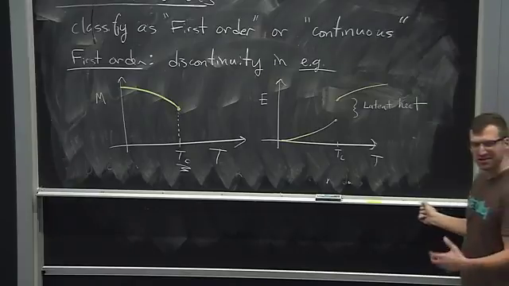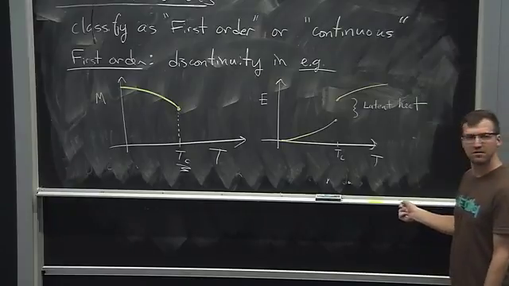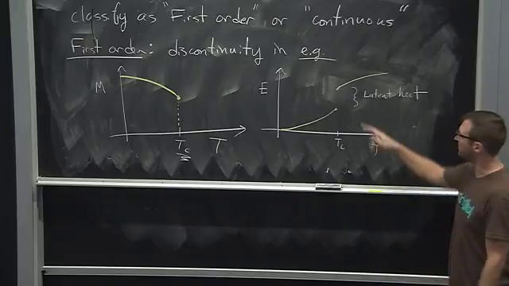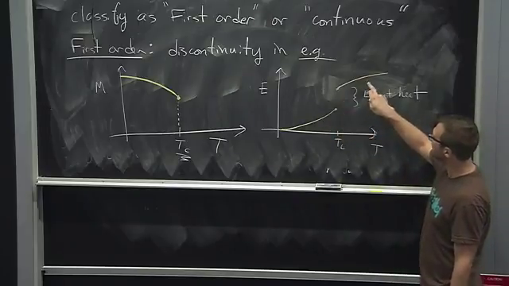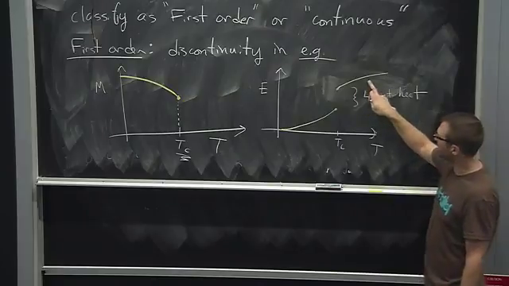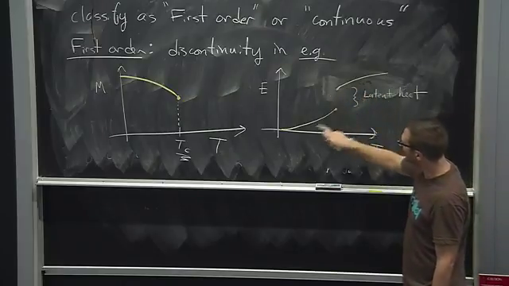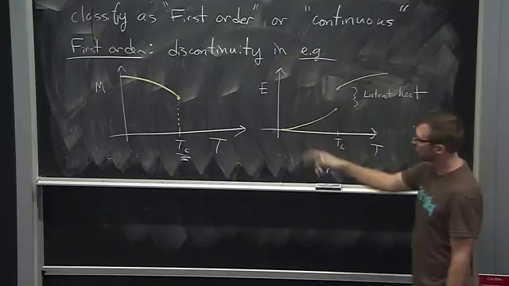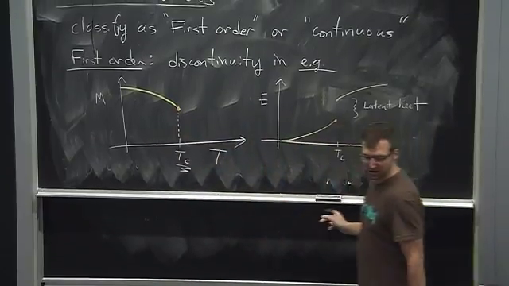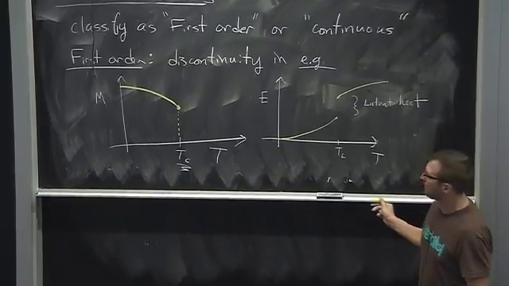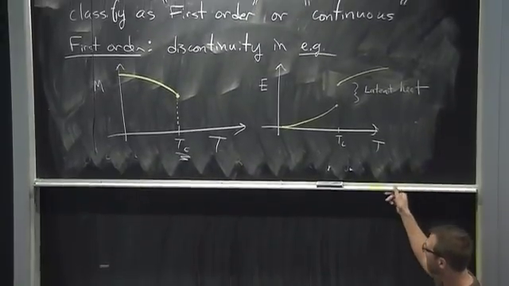Like ice to liquid water, it's a coexistence transition. You'll see hysteresis. So if you measure the energy in some sample and you cool it down, you'll see hysteresis in things like energy or magnetization. You can see a hysteresis going down and back up. Those are all signatures of first order transitions.